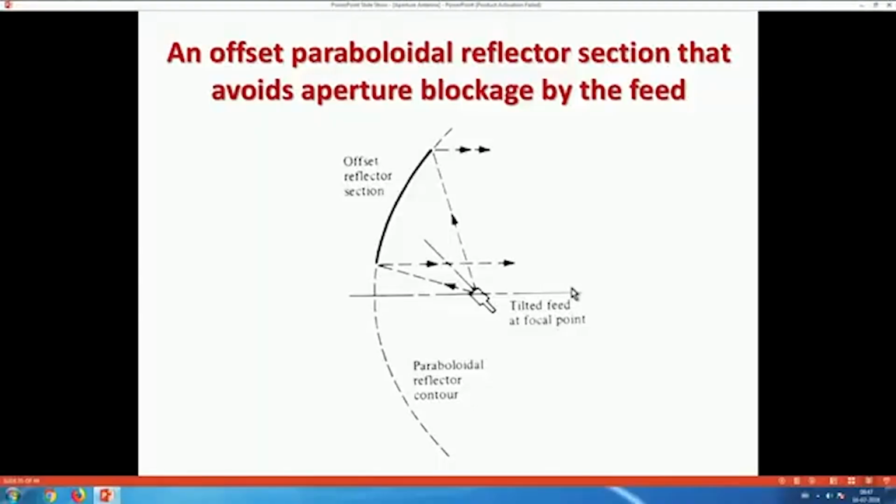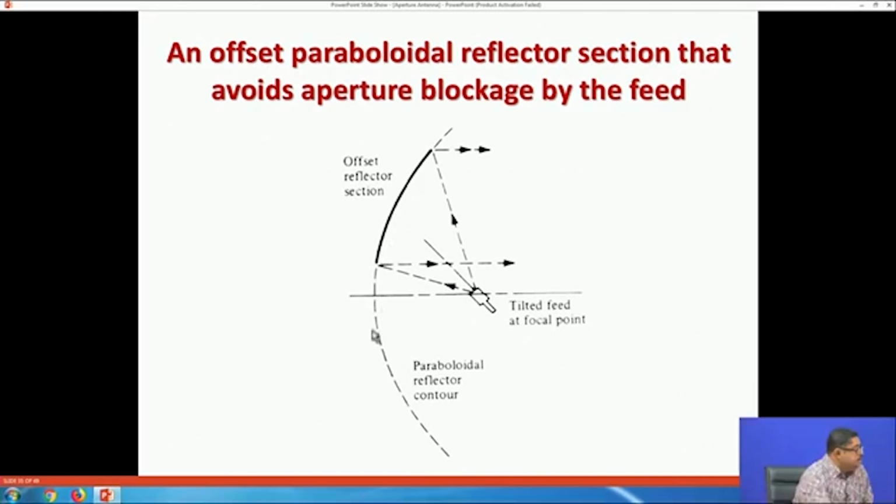So, one solution is to go for an offset feed. You can look at the diagram, this is an offset feed. What is offset? You see that a certain portion of this paraboloid reflector contour is cut, so the feed is not present in the axial zone. The reflector is not present here, and also the feed is tilted.